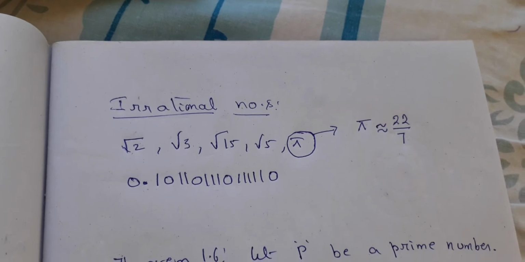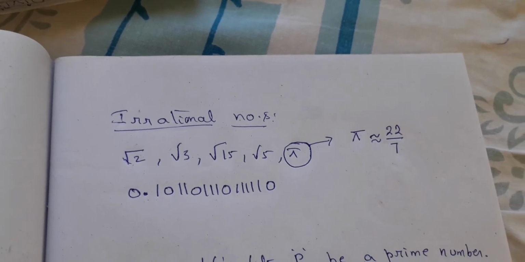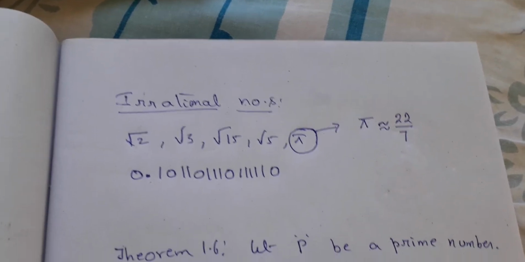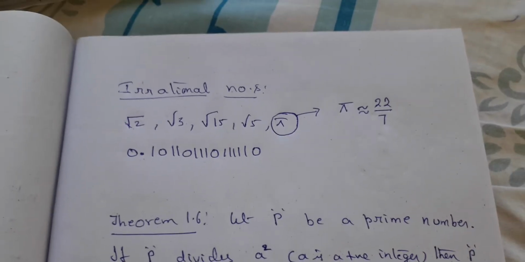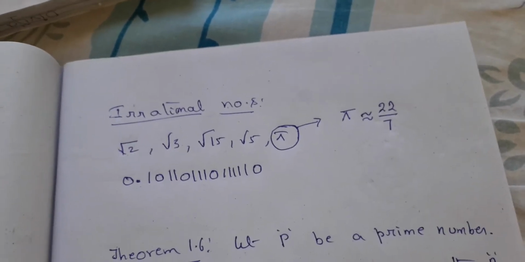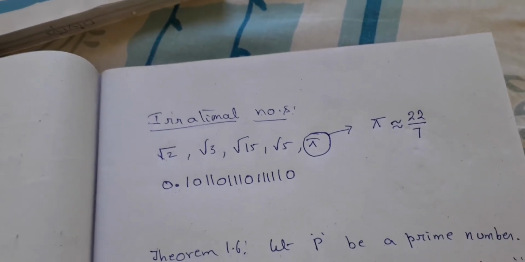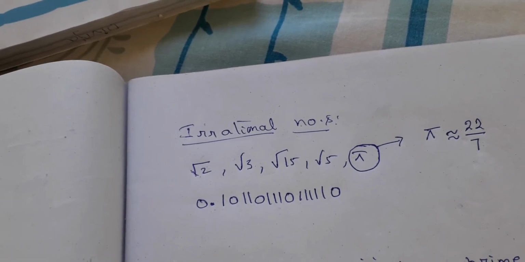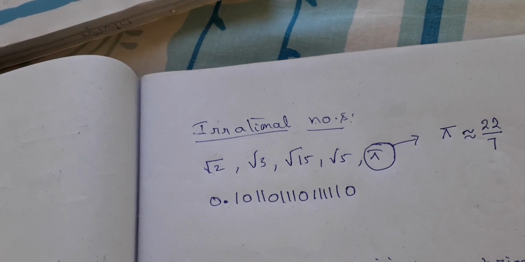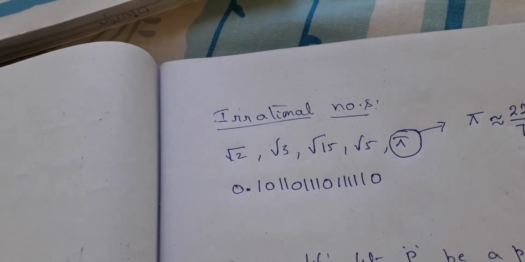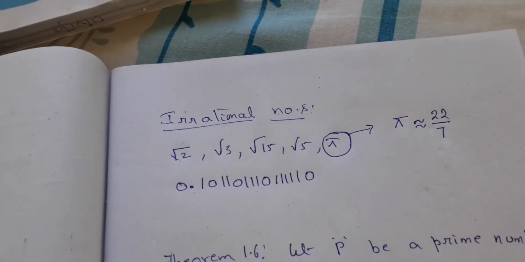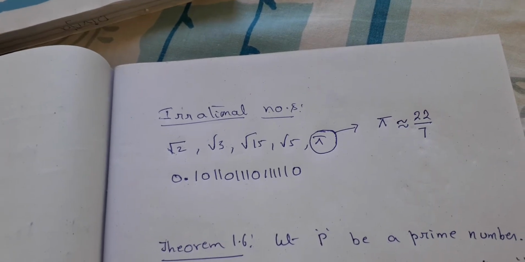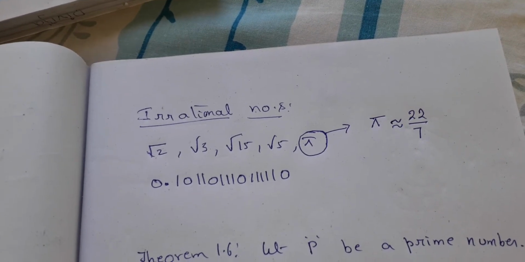Whenever you substitute 22 by 7 in place of pi, we are neglecting certain values and taking only the approximate value, but not the actual value. The actual value of pi is non-terminating and non-recurring. So pi is also an irrational number.